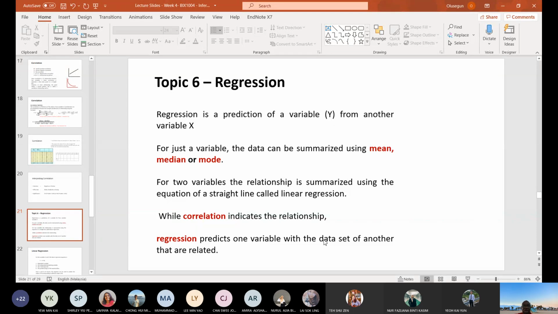As I said initially, if people in this class have an average age of 22, I may decide to predict that the age of the next person is going to be 22, which is the average. That's still a prediction, but it is based on one variable. So we use the average of the existing data to predict the next data point.